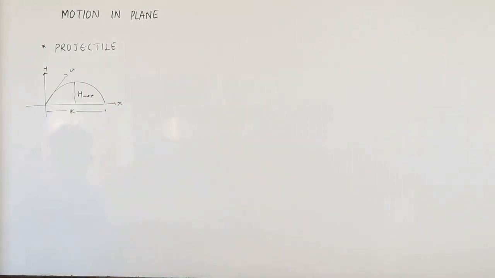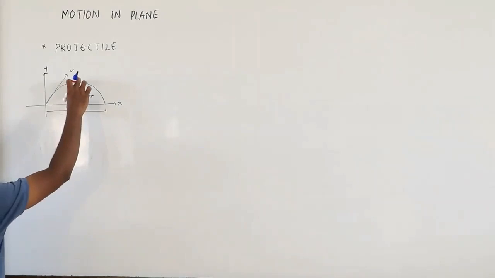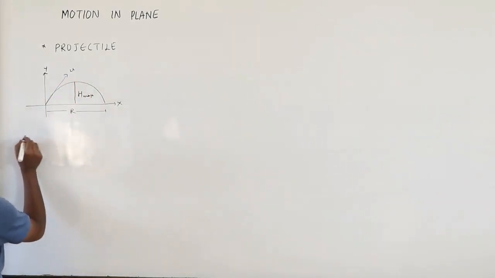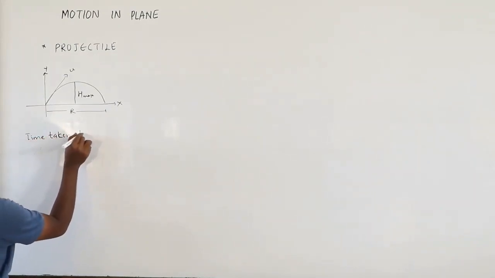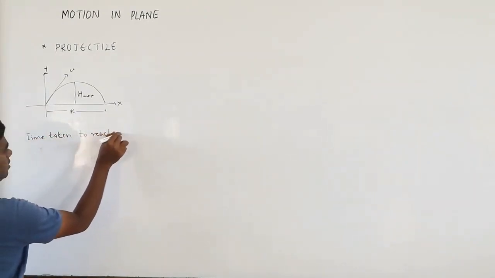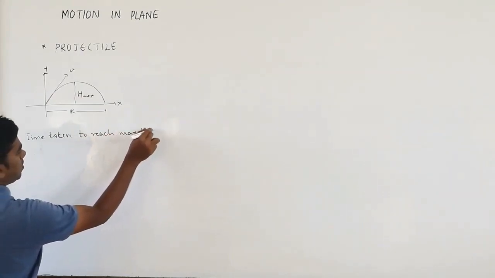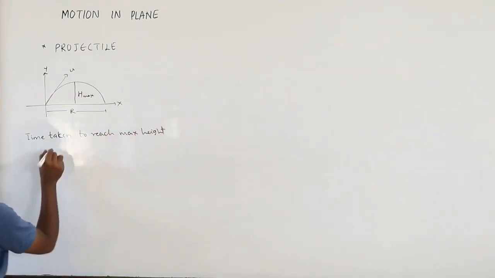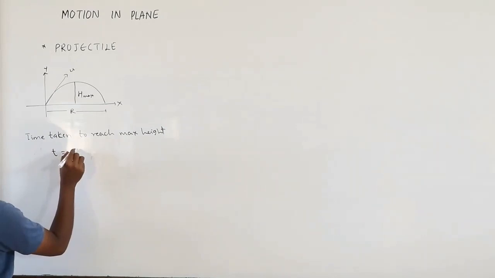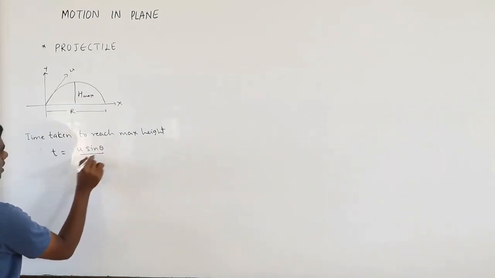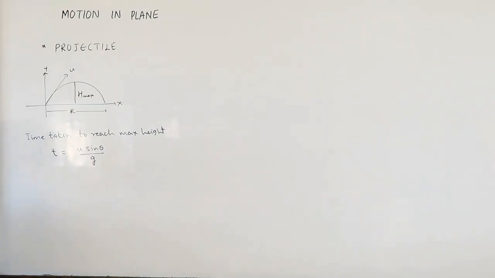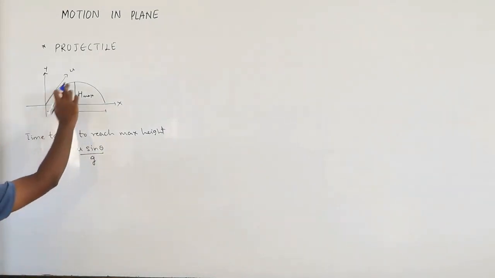We have discussed how much time it will take to reach the maximum height. So time taken to reach maximum height is T equals u sin theta divided by g. So this is just the time to come from here to here.